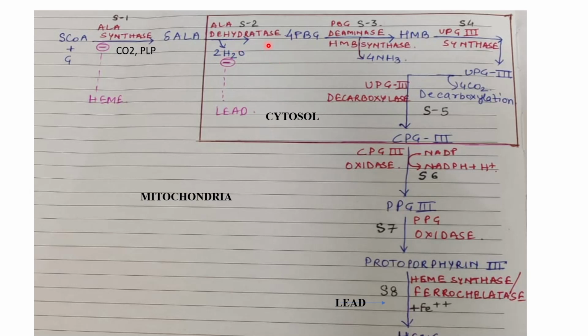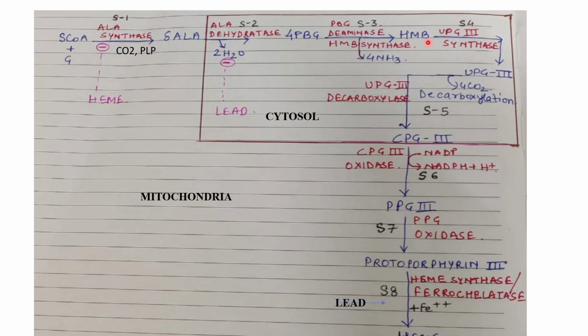Then from porphobilinogen, hydroxymethylbilane is formed. This is a linear tetrapyrrole structure. This reaction is catalyzed by hydroxymethylbilane synthase or porphobilinogen deaminase, and the amino group is released in this reaction.